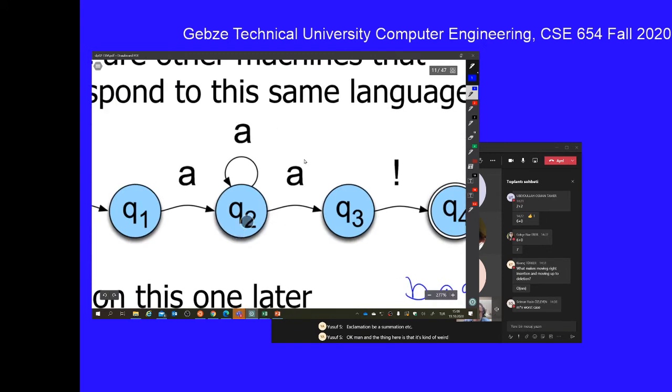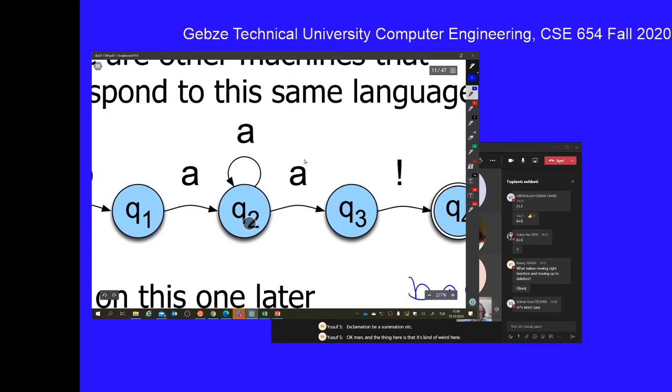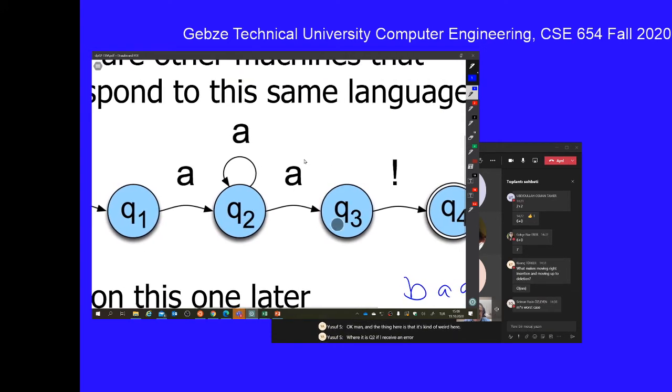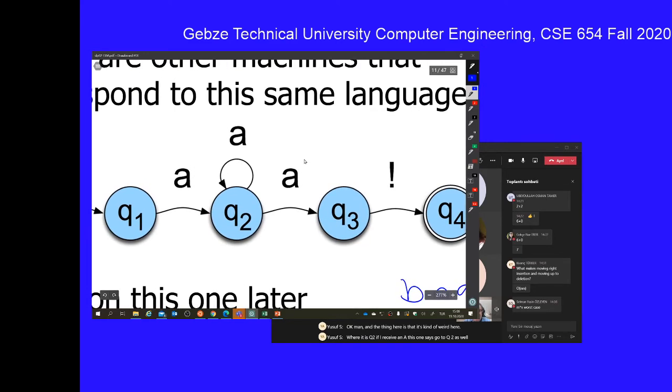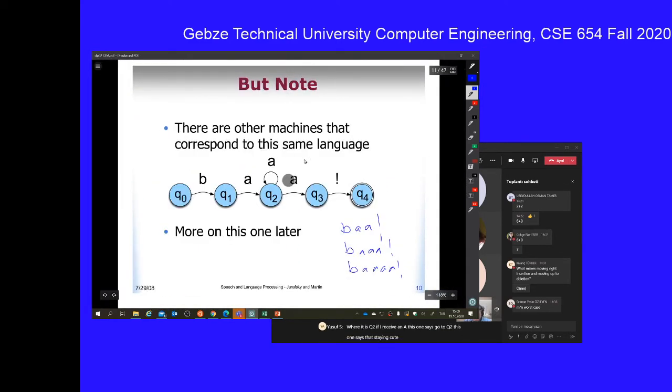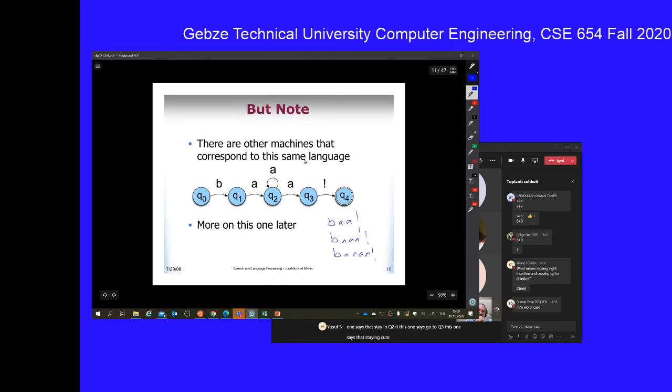When it is in Q2, if I receive an A, this one says go to Q3, this one says stay in Q2. So there is some kind of an issue there, but we are going to look at it later.